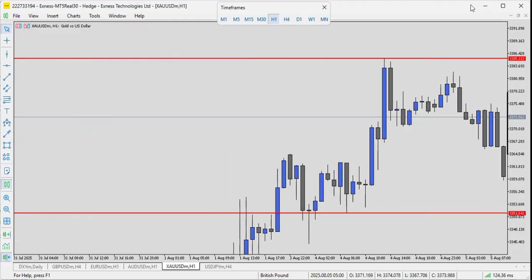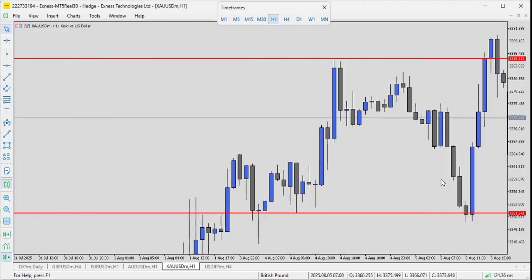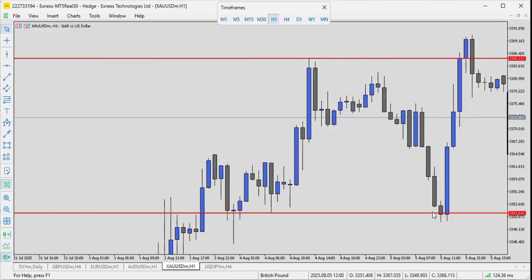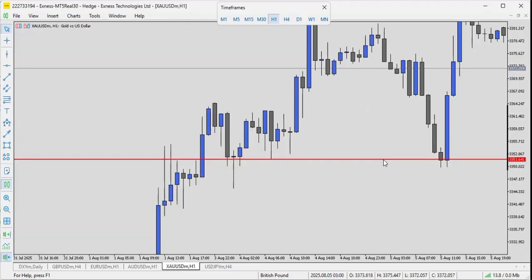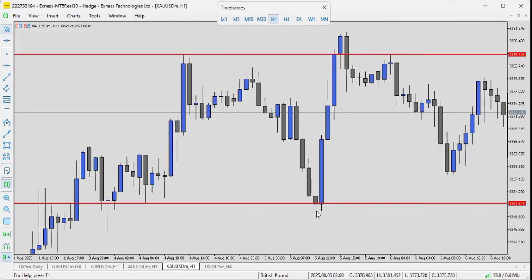I entered sell from this point, with the aim of exiting when it gets to that point. Or probably, let's say I choose this point as support. Now, my aim was that when I get to this point, I should buy.